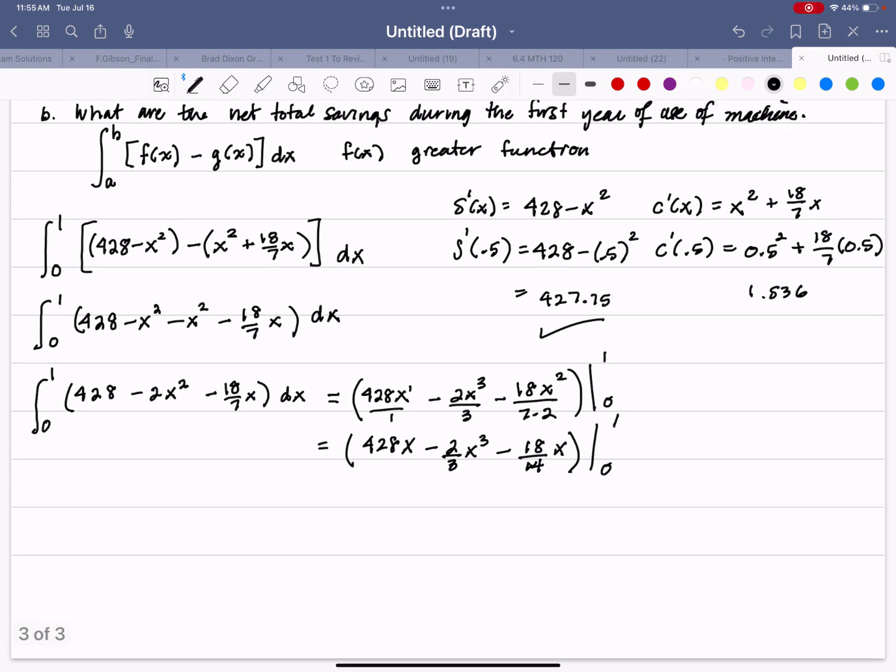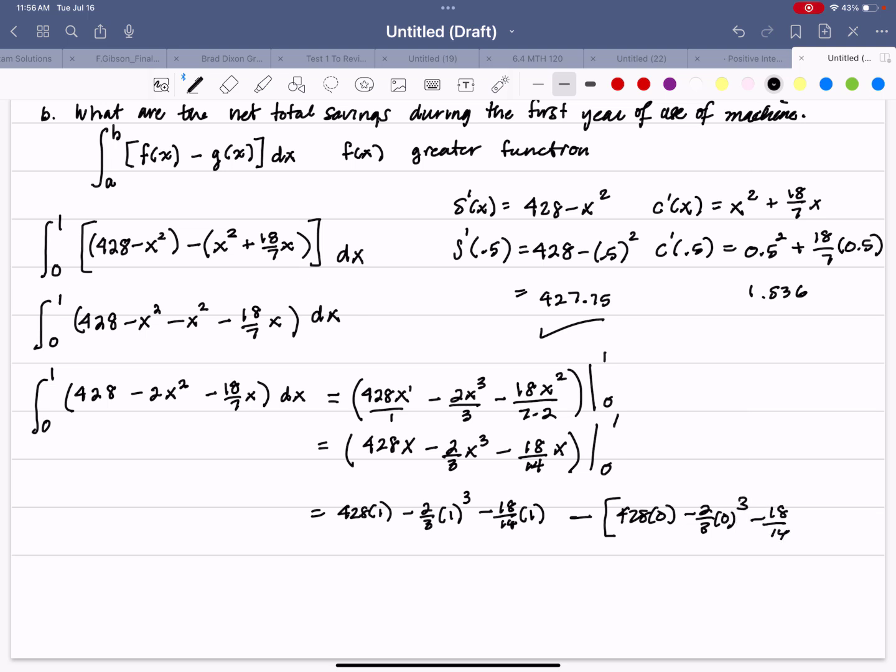0 and 1. Now, we evaluate it first at 1. 428 times 1 minus 2/3 times 1 cubed minus 18 over 14 times 1. And now we're supposed to subtract from that what we get when we put 0, but look, 428 times 0 is going to be 0. 2/3 times 0 cubed is going to be 0.